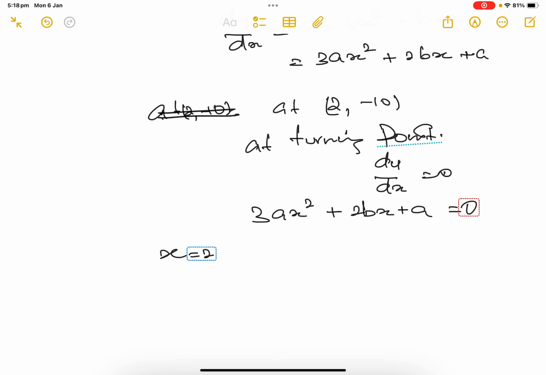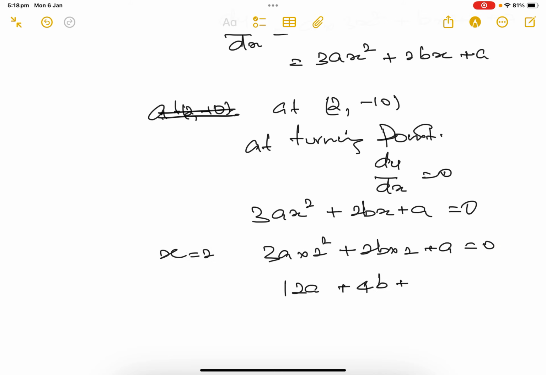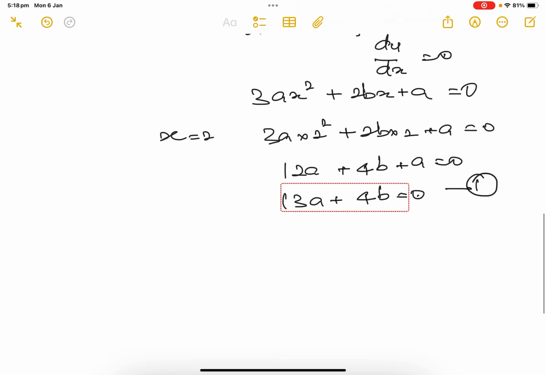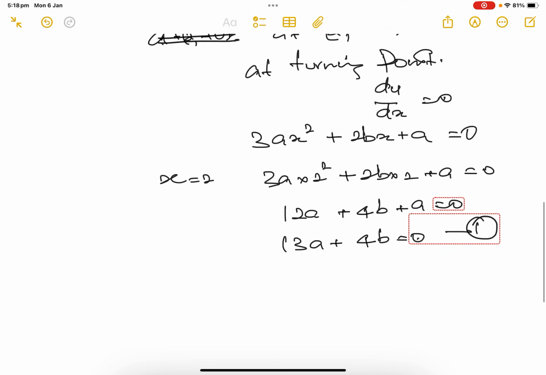So 3a times 2 squared plus 2b times 2 plus a equals 0. This is 12a plus 4b plus a equals 0. Simplifying further, 13a plus 4b equals 0. That's one equation in terms of a and b.